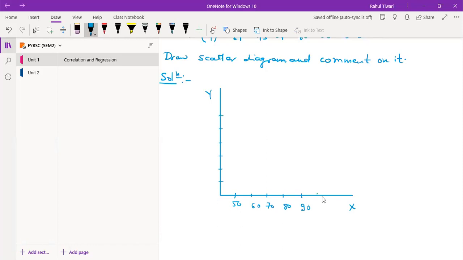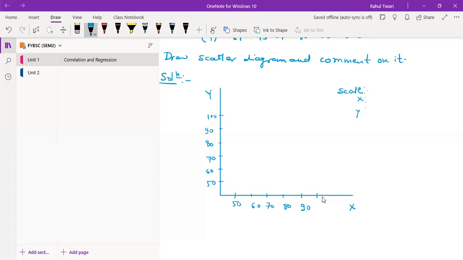I'll take up to that. Please do the proper scaling. You can write down all the scales and everything: on the x-axis what you're considering, and on the y-axis what you're considering.